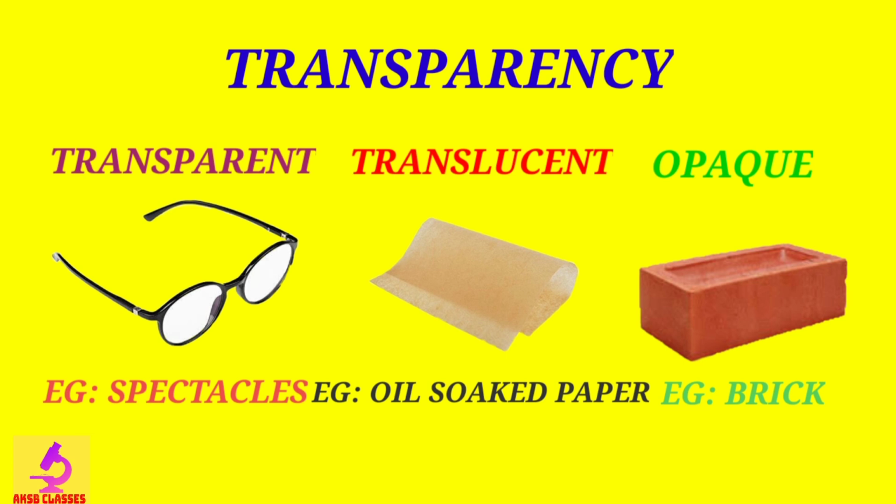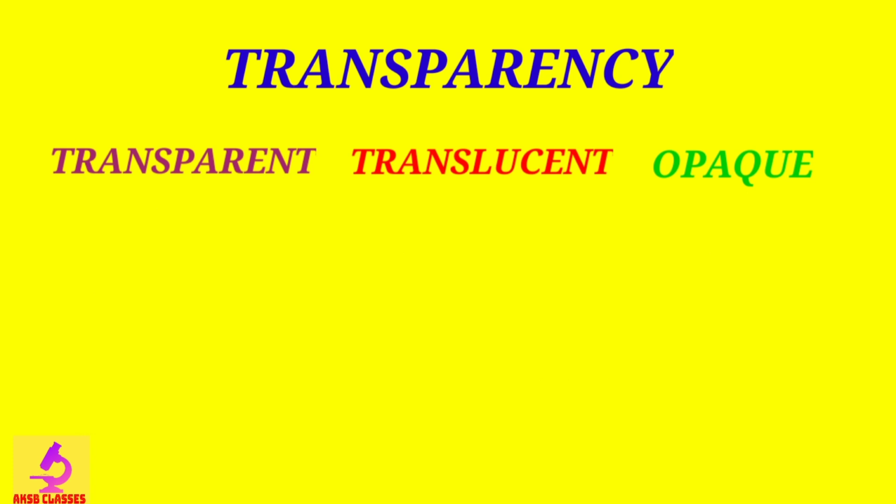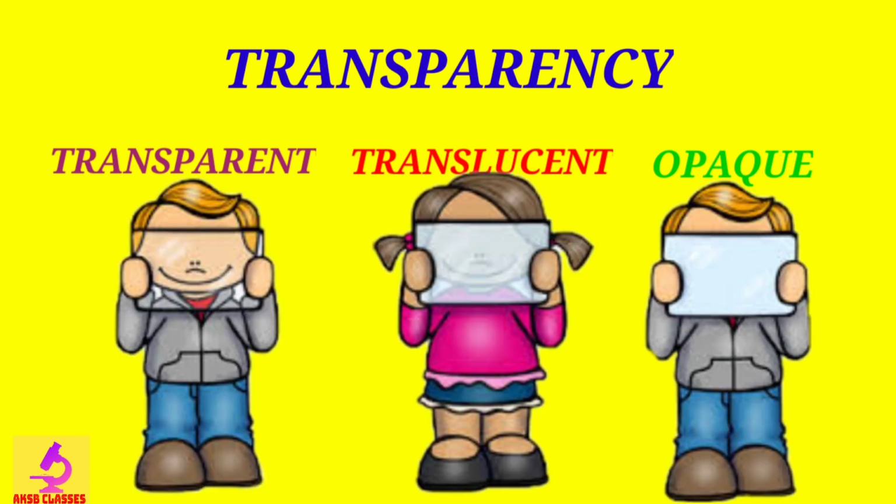If we pass light through our palm, if you take a torch or our mobile and shine the light from one side, we can observe some light coming out from the other side. It means this is an example of translucent. Next is opaque. Opaque means no light can pass from one side to the other side.